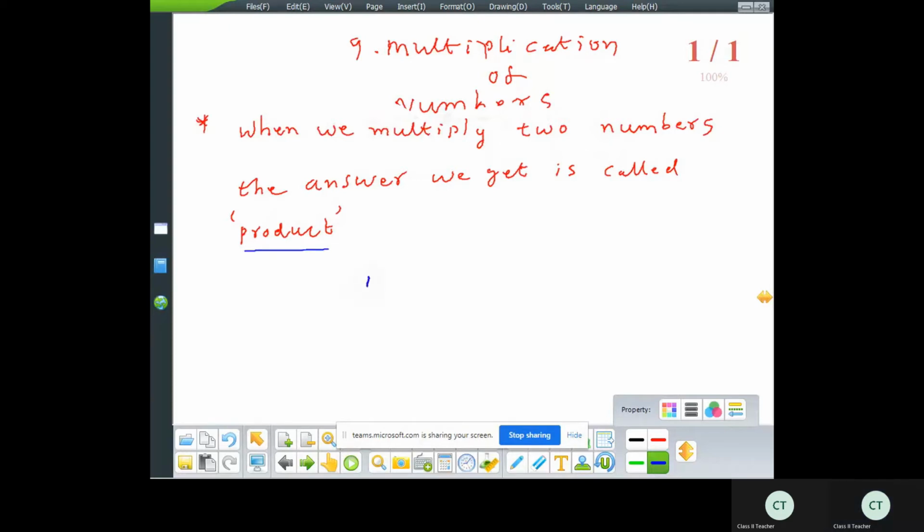Example, 4 twos are 8. Here 4 is called multiplicand. 2 is called multiplier.